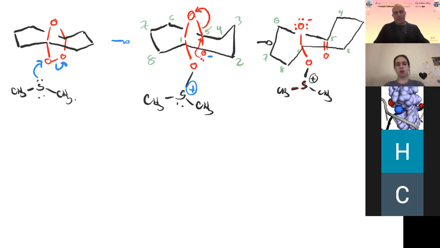Obviously, terrible drawing. And then basically from there you would push the negative charge to make a double bond, and then you would push the single bond to become a leaving group. Exactly. So you just push this down, push that down, and so you get basically this diketone product. Let me see if I can redraw it a little bit better here.